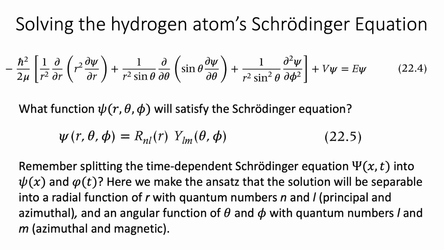So we're going to do the same thing here. But in this case, we're separating the time-independent part of the wave function. So this is only a spatial wave function, by the way. Time's not even in here. It's in terms of our spherical coordinates, r, theta, and phi.